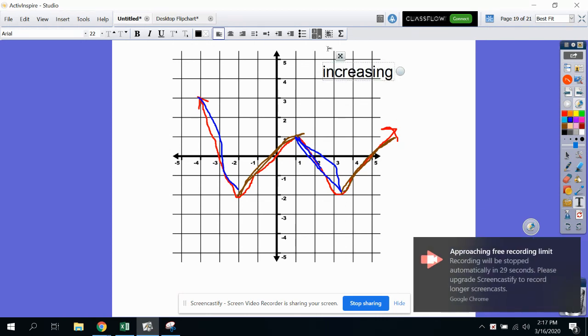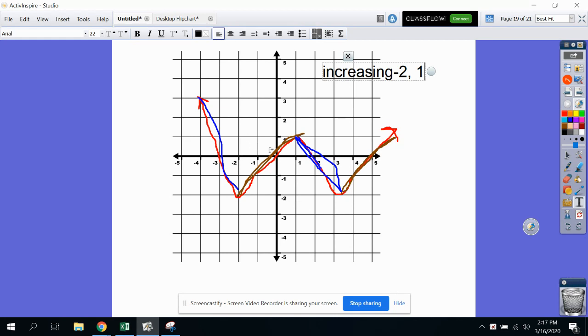It's increasing from -2 to 1, using the x values again, and it's also increasing from 3 to infinity. It's decreasing from negative infinity to -2, and decreasing again from 1 to 3.